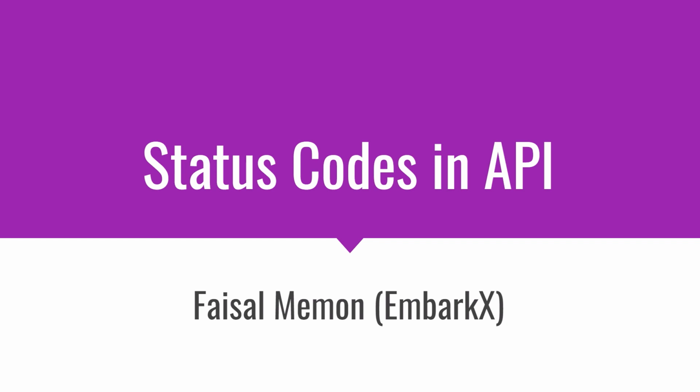These status codes are part of the HTTP protocol, and they can tell you whether the specific request that you did to a particular server has been successful or there were some failures or issues along the way. Now, let me give you an example.